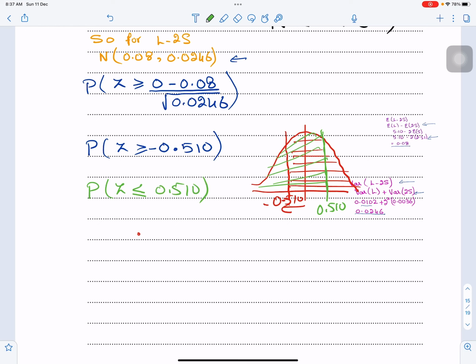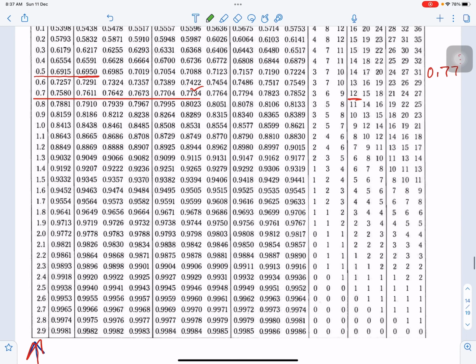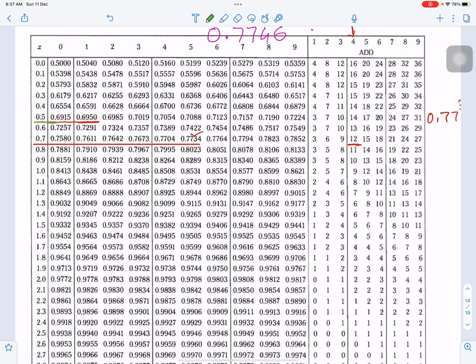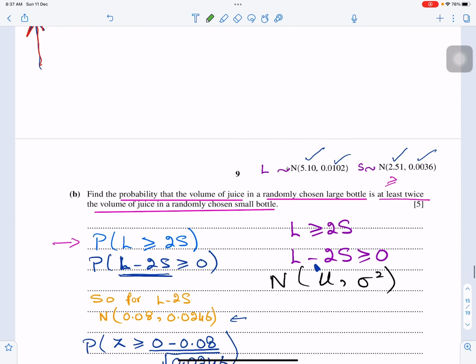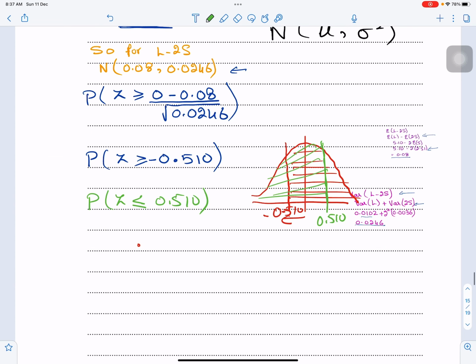So let's go to the table and see the value over there of 0.510. So 0.510 is here, which is 0.6950. So my probability is 0.6950. So this is my final answer.